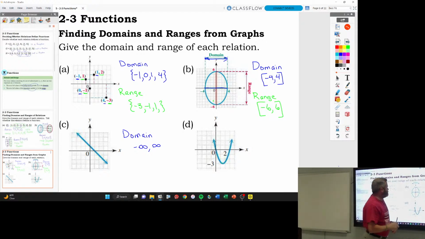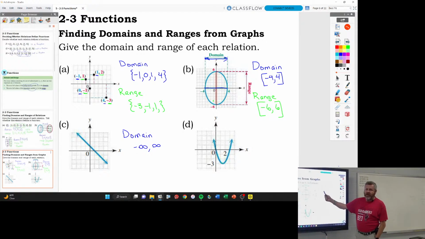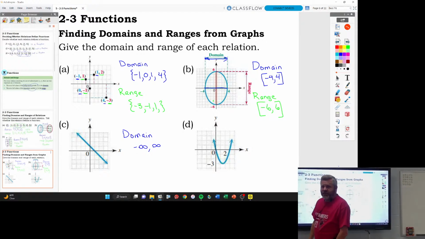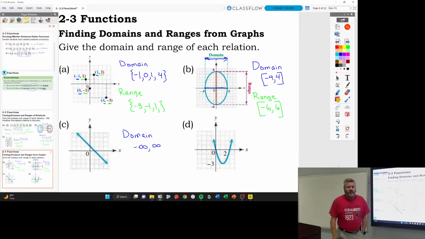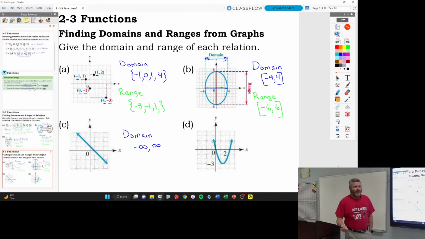Now, if you go back to part B, we knew the exact value of the domain. It started at -4. It ended at +4. So because we knew those exact values, we used brackets. Well, in the case of infinity, folks, there's no way that you can tell me the exact value of infinity. It just indicates that it goes on forever.